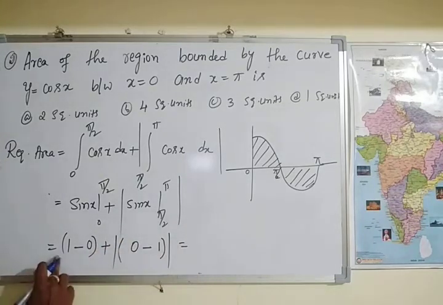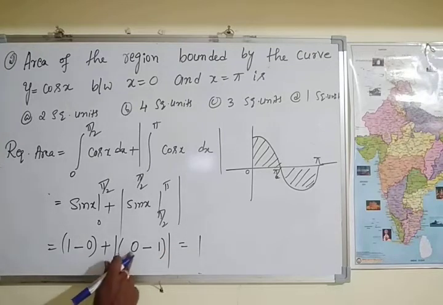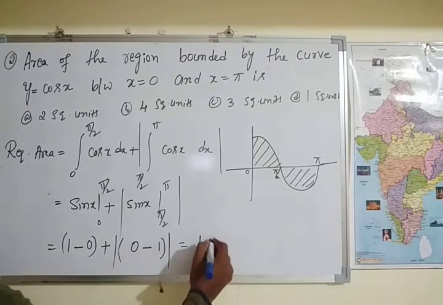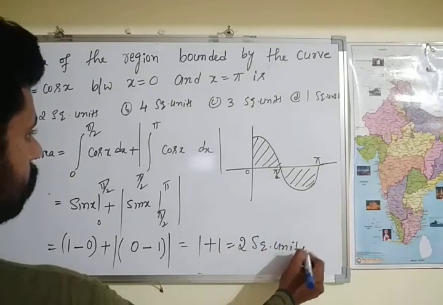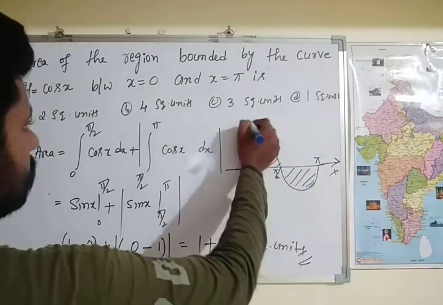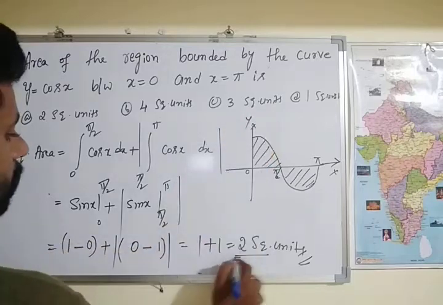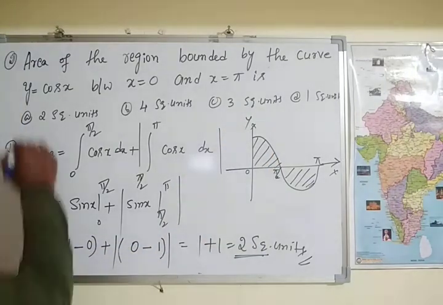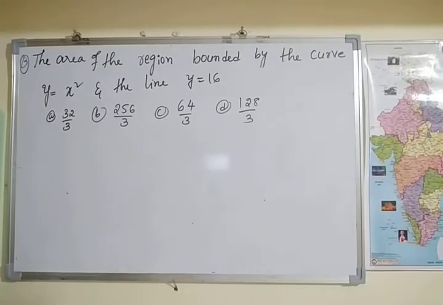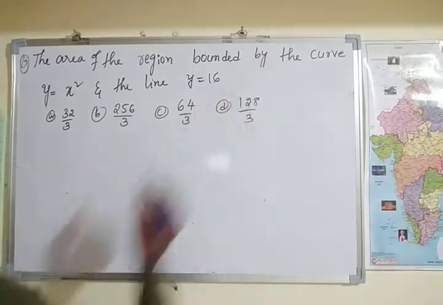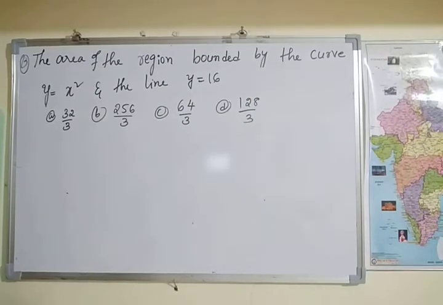See here, 1 minus 0 is 1. 0 minus 1 is minus 1, modulus gives plus 1, which equals 2 square units. This is the x-axis, this is the y-axis. Here we get 2 square units. Option A is correct.